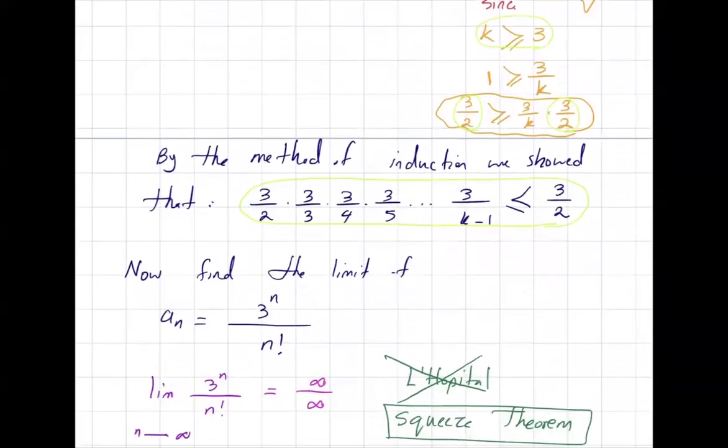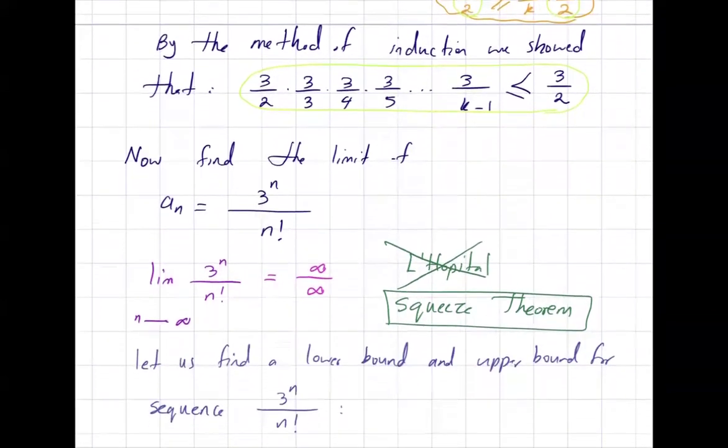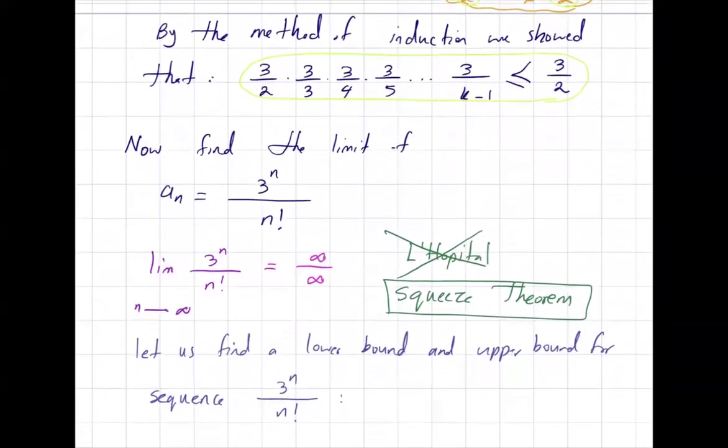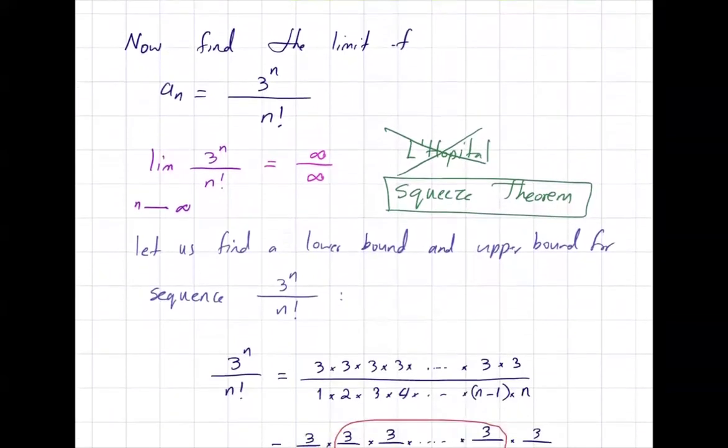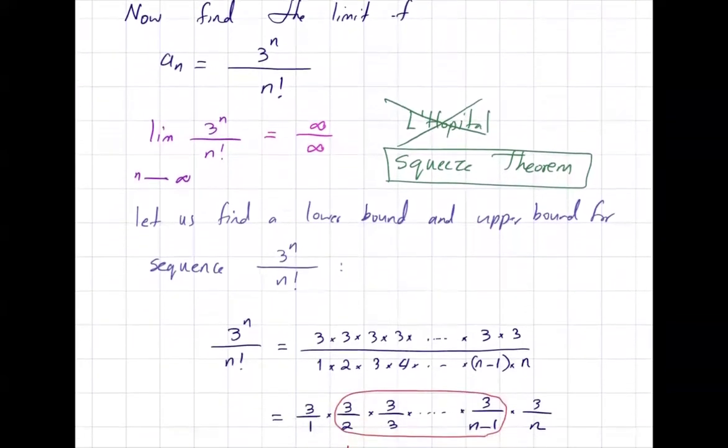Now we find the limit of a sequence, which is 3 to the n divided by n factorial. If you use direct substitution, you get infinity over infinity. We're not going to apply L'Hopital's rule. Instead, we're going to use the squeeze theorem. First of all, 3 to the n over n factorial can be broken down into the multiplication of 3 by 3 by 3 by 3 over 1 times 2 times 3 times 4 up to n.